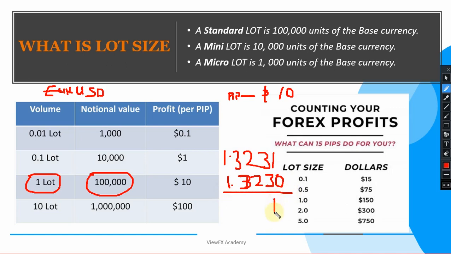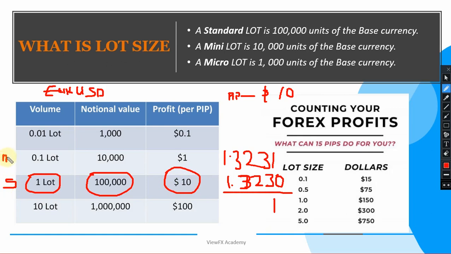It is 1 pip. So what it means is that if you're trading a standard lot size, each movement on the chart is going to cost $10, either positive or negative, either in your direction or against you. That is what it means, because this is a standard lot size for trading.